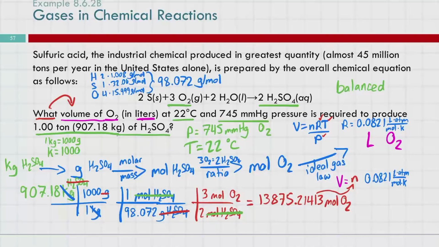We also have to ask ourselves, do our units match up with our R value? They do not. So we have to convert millimeters of mercury and degrees Celsius to match our R value. So mmHg can turn into atmospheres.